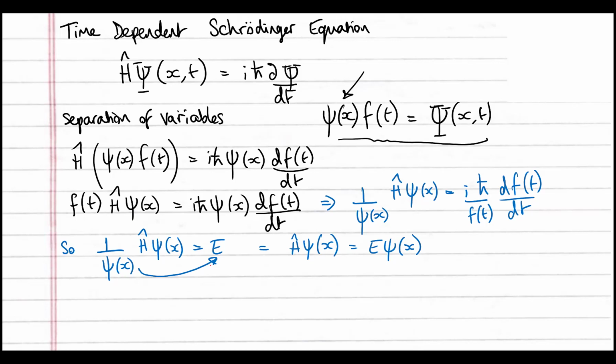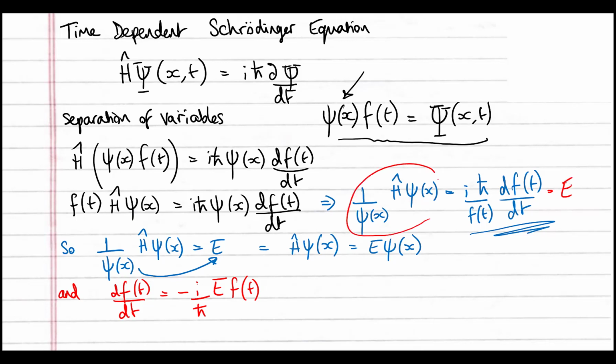And so what happens when we work with the other side in here with the time piece? We also get df of t by dt equals minus i over h bar E f of t. That's because both of these sides were going to be equal to that common constant, according to the separation of variables approach that was introduced in chapter 2.